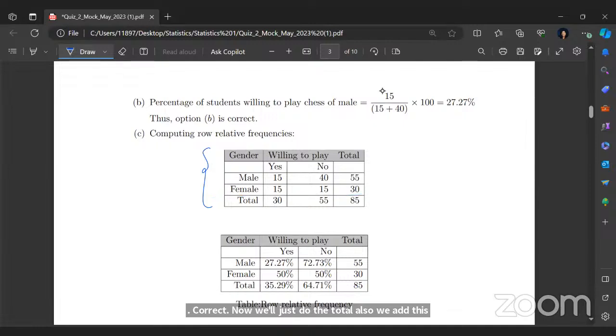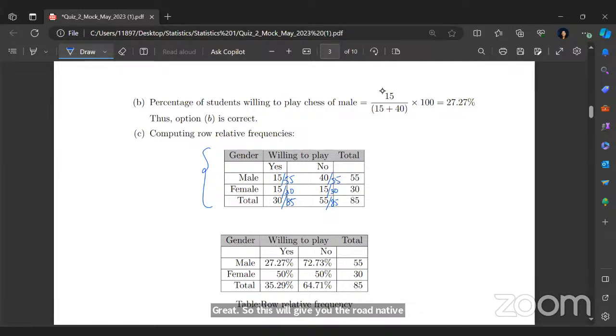Now we divide each of these rows by the row total, right? 15 divided by 55. 40 divided by 55. 15 divided by 30. 15 divided by 30. And 30 divided by 85. 55 divided by 85. Right? So this will give you the row relative frequencies.